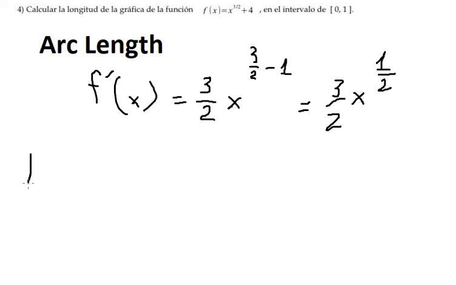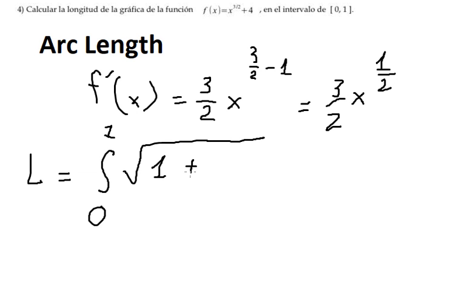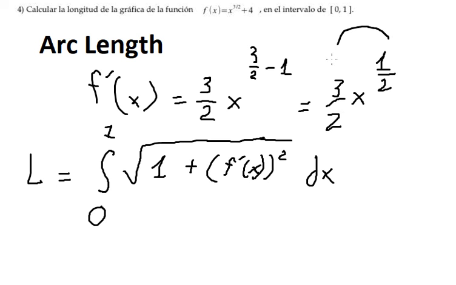And now the formula of the arc length. We have from 0 to 1, and we have the square root of 1 plus the first derivative of the function to the power of 2, and we have ds. So we put this one to replace this one in here.